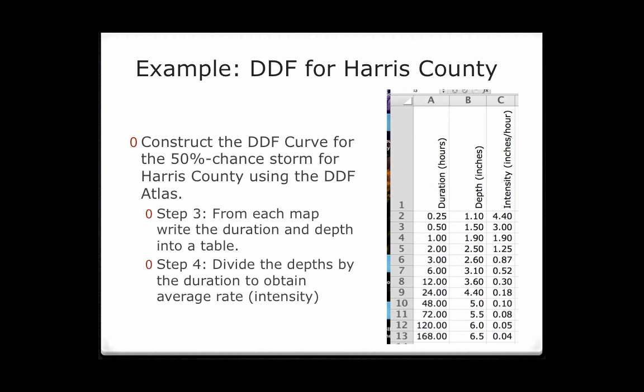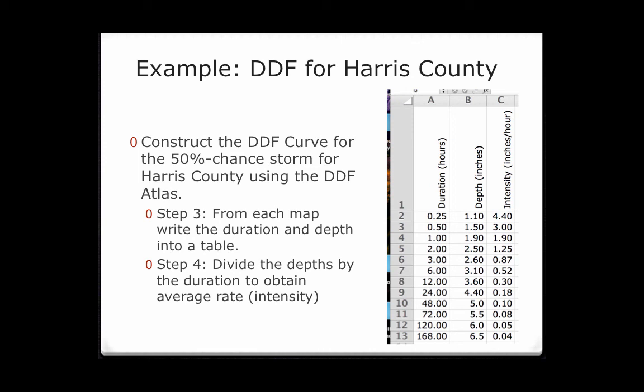This is really high-level science, and you could go to the moon with it. The duration, in this case in hours for plotting, the depth that you wrote down, and then this last column is that depth divided by that duration, all the way down. And so we have intensity as a function of duration.